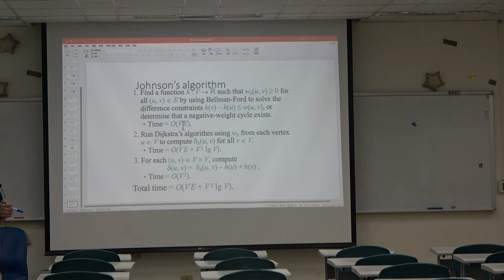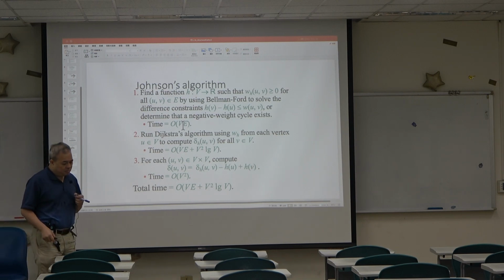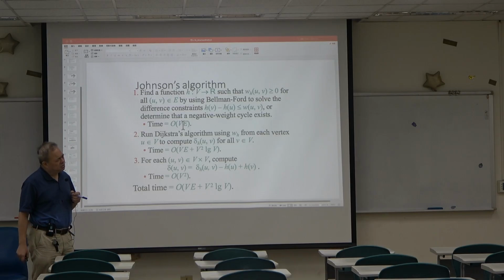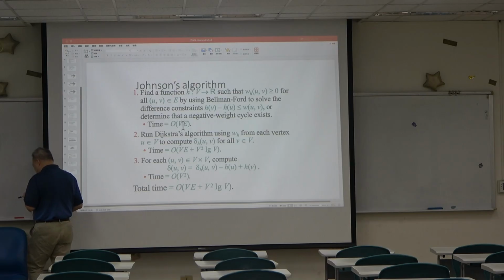There are many occasions in graph theory where you need to design algorithms to solve some problems, and the shortest path is one of the most representative problems in graph theory. Of course, previously we also discussed minimum spanning tree, right? So keep that in mind, okay?